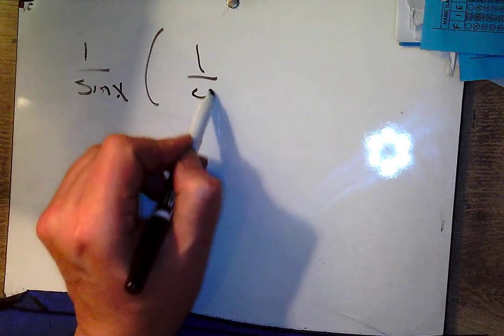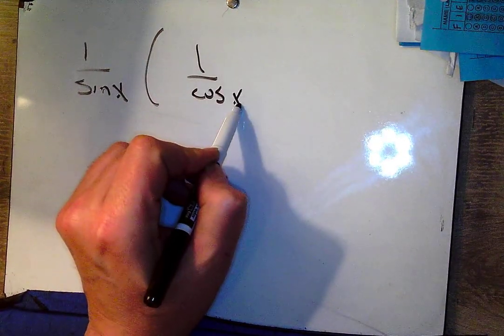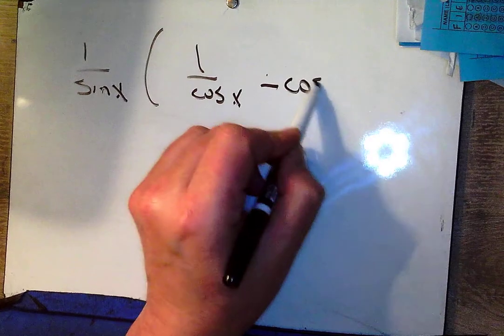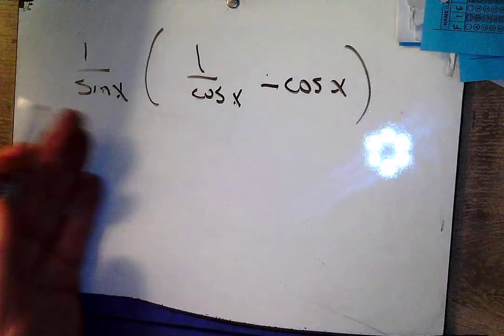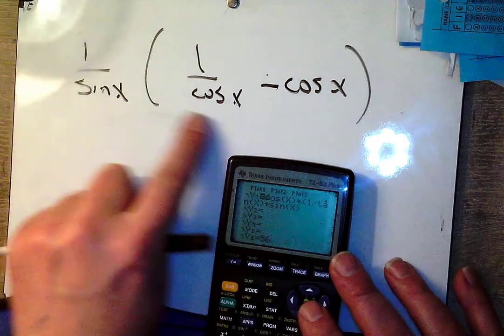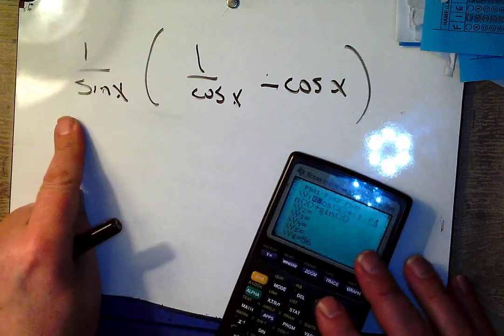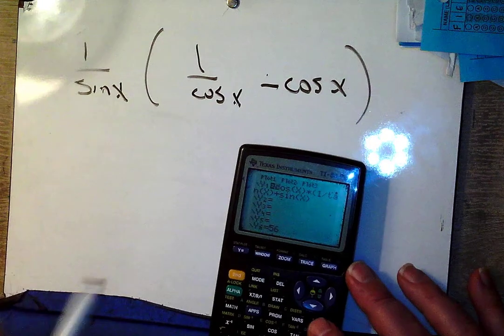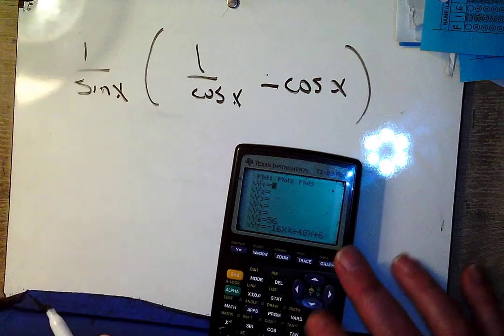1 over sine x times 1 over cosine x minus cosine x. Again, they say, why don't you graph this to get a sense of what it's supposed to be? I think, frankly, typing this in is going to be a little pain in the butt. But, you know, there might be some value in this experience for you.